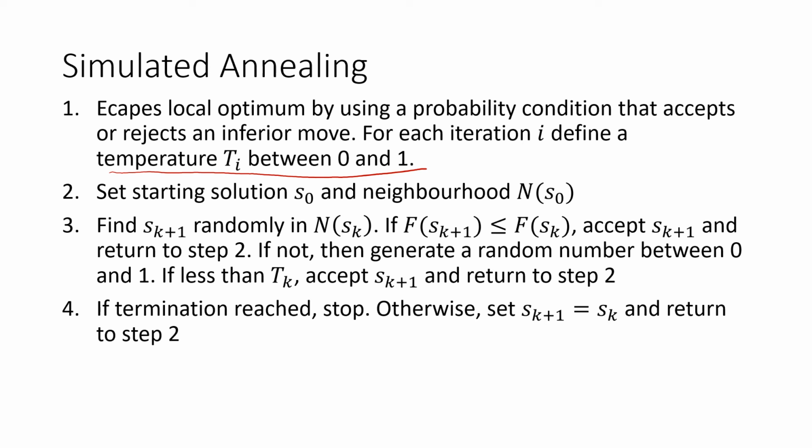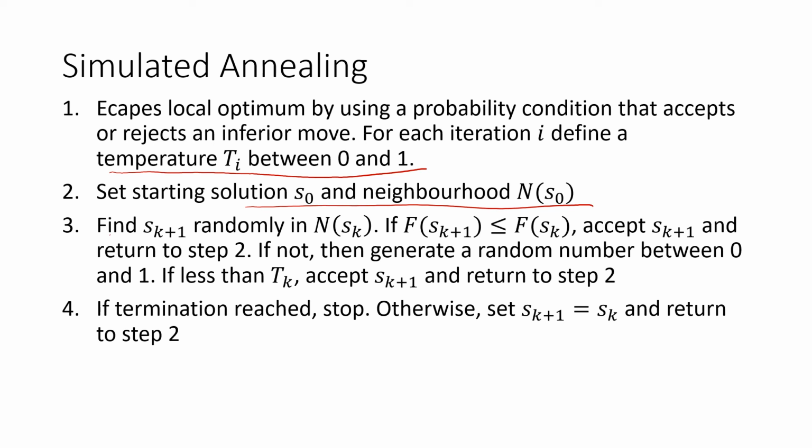At each step, if you come up with a better solution, you take the better solution. If you don't have a better solution, then you randomly say, okay, there's a 70% chance I'm going to go this way anyways, just to start moving away and to try to get to another place where there might be another minima. So you start with your starting solution in a neighborhood. Again, you have to define what your neighborhood is.